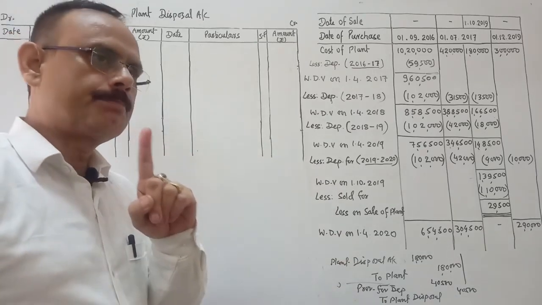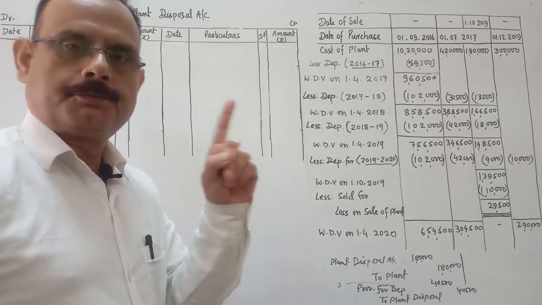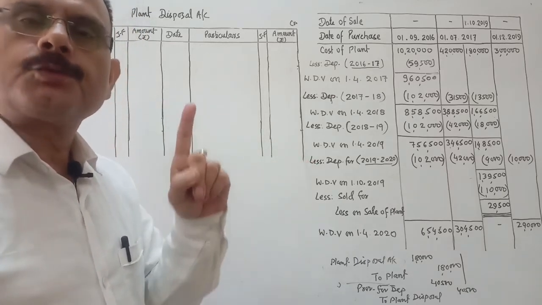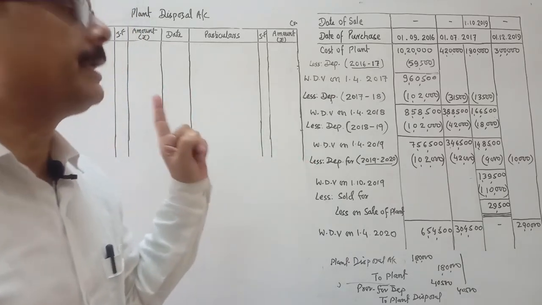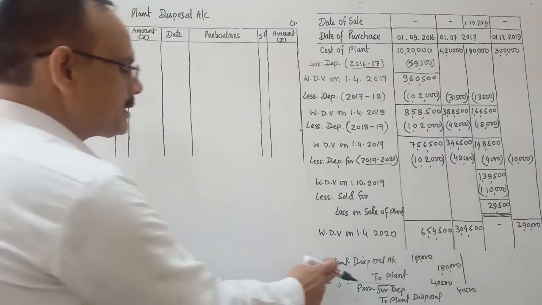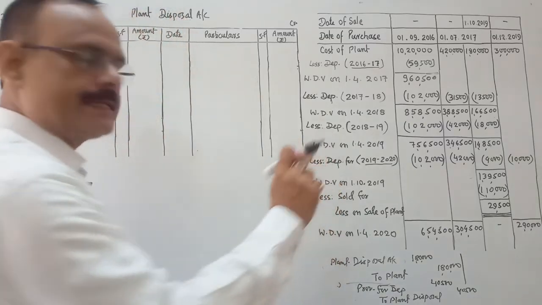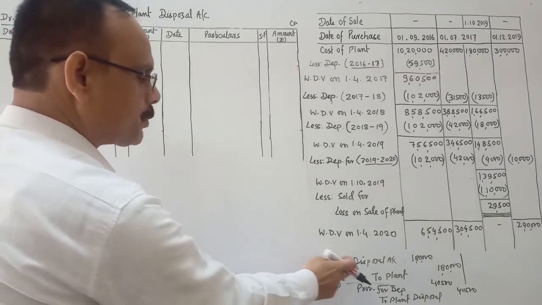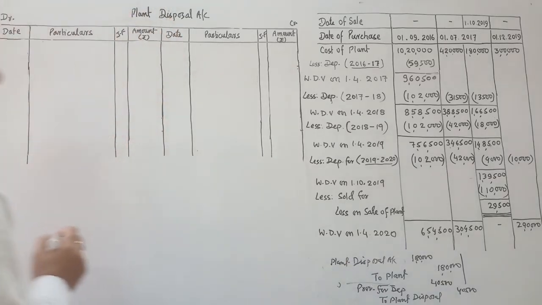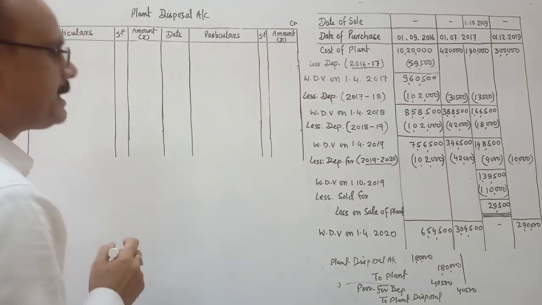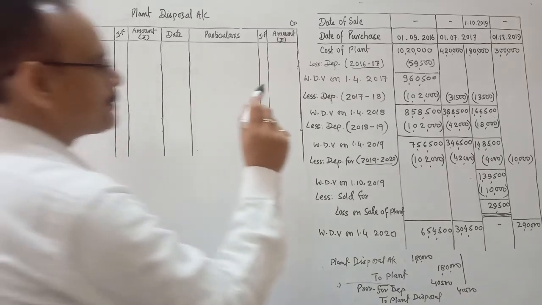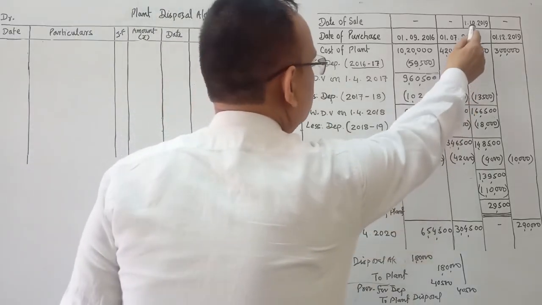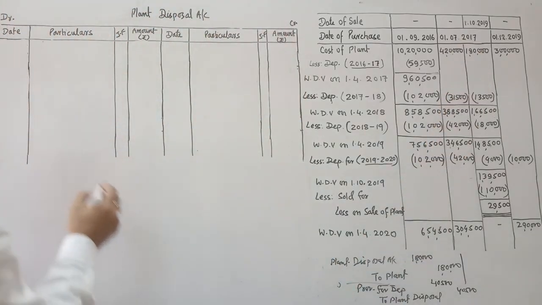Here the separate information regarding the plant which was sold will be given. We have done this entry in the plant ledger: plant disposal account debit to plant account, on the date of sale. The sale date is 1st October 2019.